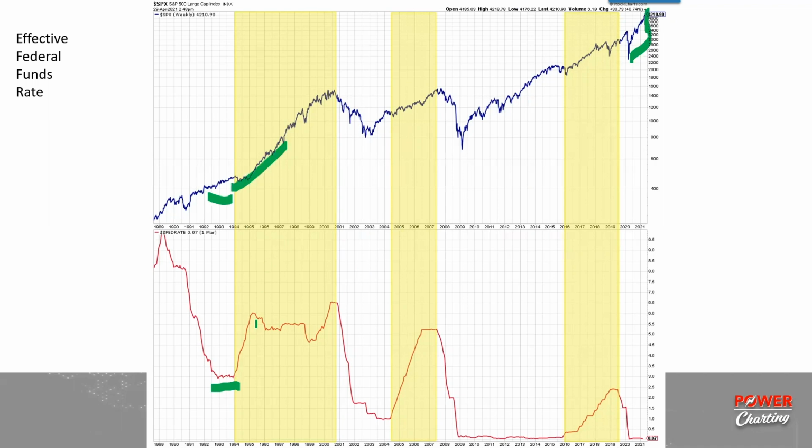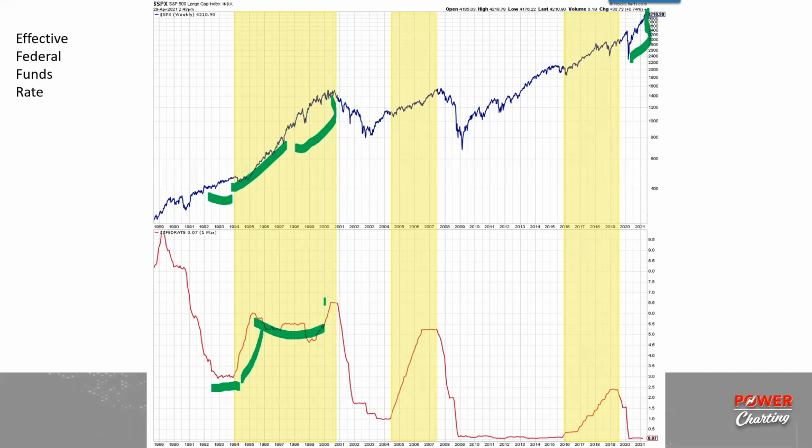Once the economy gets going, interest rates can start to rise, which they did here, and the rising rates did not stop stocks from going up. And then there was a period of pausing and lowering interest rates through the middle part of the 90s. And that really actually, I believe, had a huge effect on the incredible dot-com explosion that occurred in the late part of the decade of the 90s.